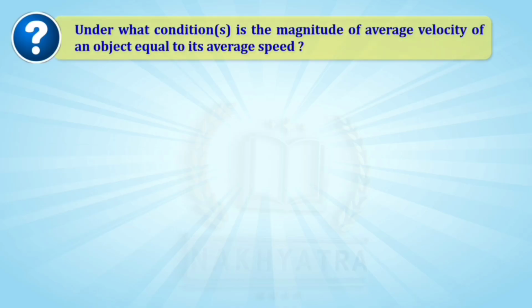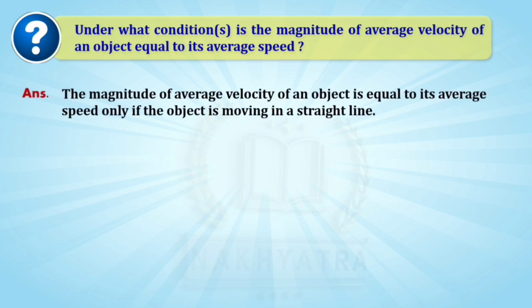So see one question: under what conditions is the magnitude of average velocity of an object equal to its average speed? The magnitude of average velocity of an object is equal to its average speed only if the object is moving in a straight line.